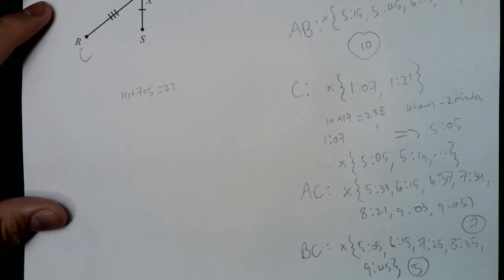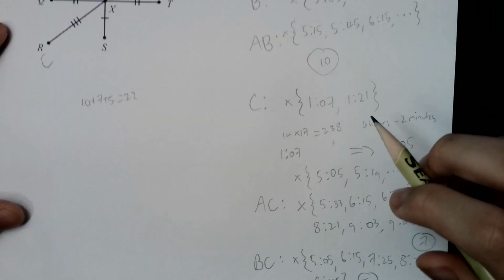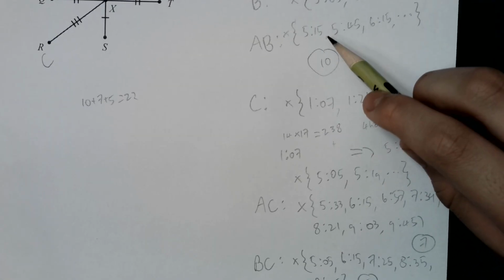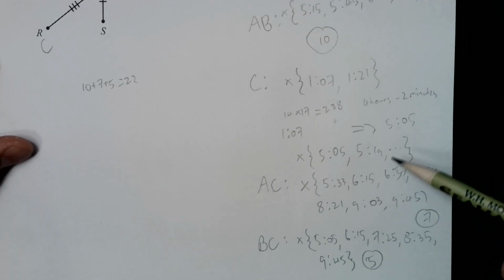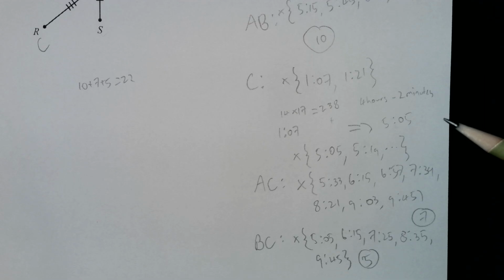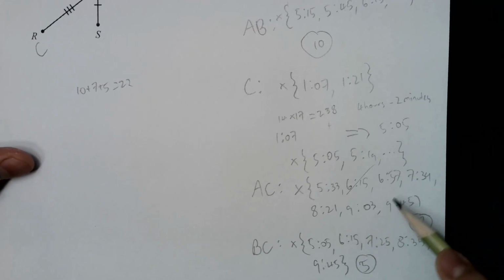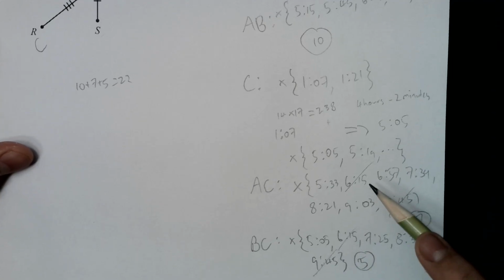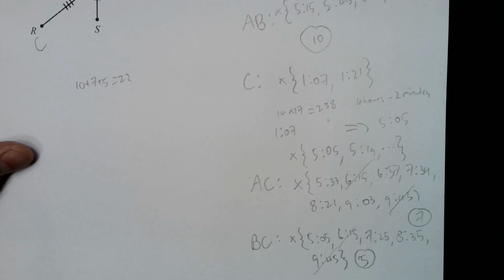But there are going to be repeats here that we need to take care of. Going back to our AB relationship, we can see that it's going to be on every 15th or 45th of an hour. So 5:15, 5:45, 6:15, 6:45, and so on. Now let's look at AC and BC, which are written out completely. We can see that there are 2 values for each of these that overlap with AB's relationship. So 6:15 and 9:45 here, and 6:15 and 9:45. So in other words, we've triple counted 6:15 and 9:45, and that's obviously something that we do not want here.